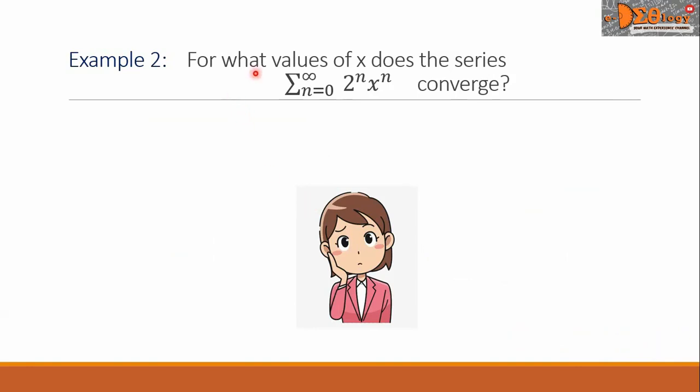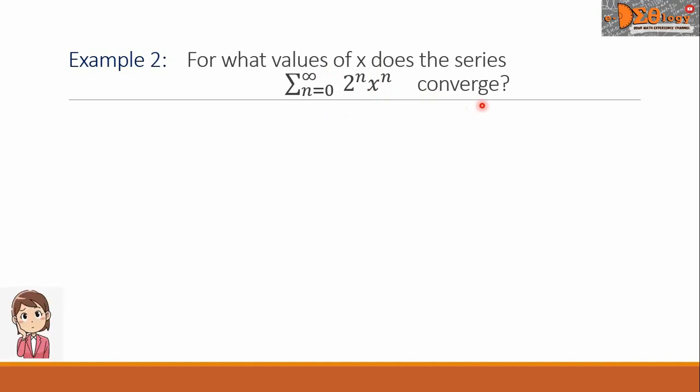Example 2. For what values of x does the series summation from n equals 0 up to infinity of 2 raised to n times x raised to n converge? This is a power series with center at 0.